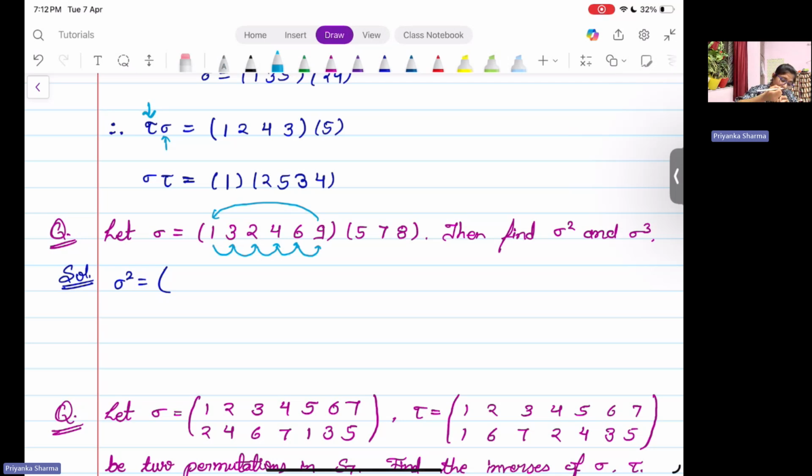But if we skip one element, that is after 1, we write this 2. After 2, we write 6. After 6, we will have to leave this 9 and we will go to 1.